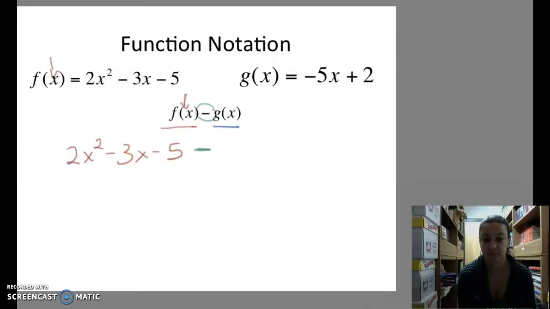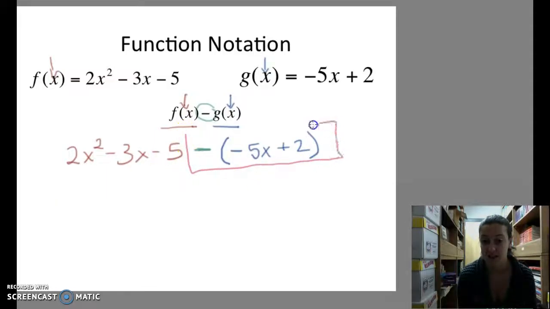Minus our g of x. Well, the x input was x, so it doesn't change. But I'm going to put it in parentheses because we're subtracting that whole expression. We're subtracting that whole value. And that changes things, we know, because now we're subtracting this.